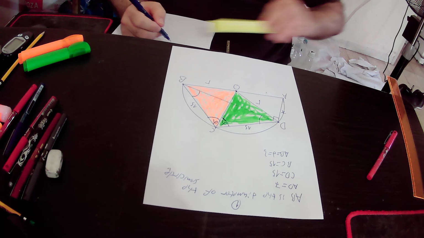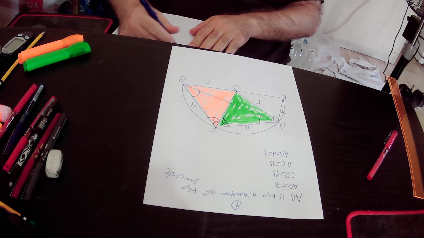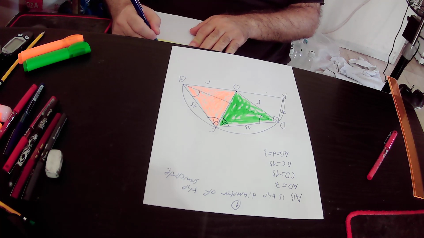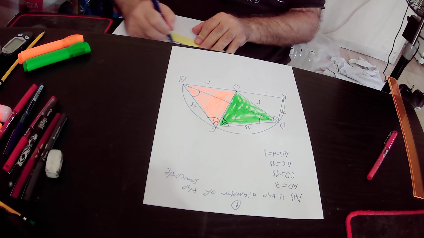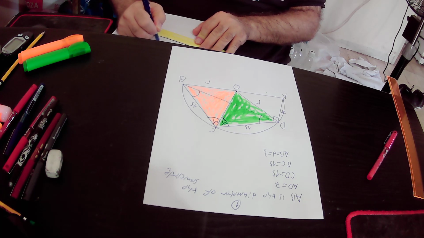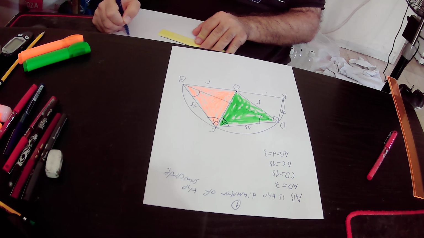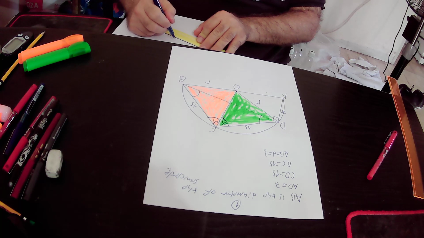Rule number 2 states that in front of equal sides in the triangle, there are equal angles.